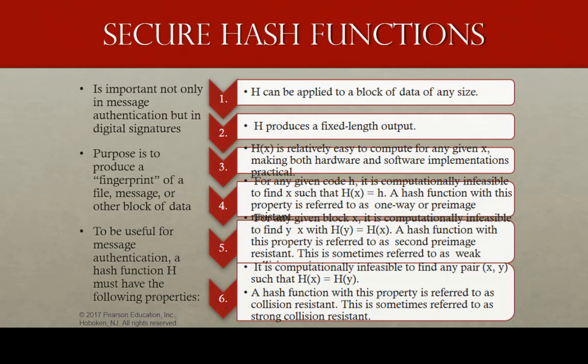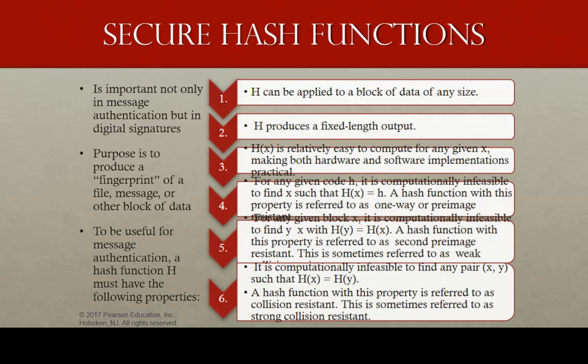6. It is computationally infeasible to find any pair (x, y) such that H(x) = H(y). A hash function with this property is referred to as collision resistant. This is sometimes referred to as strong collision resistant.